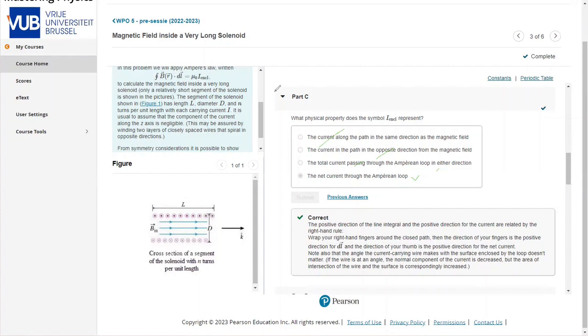Here's the last one, because this one was more specific to every current passing through the loop, and that's the total current. We are just looking for the total current, not the total current in each direction, not the minus current or the positive current. No, just the total current.